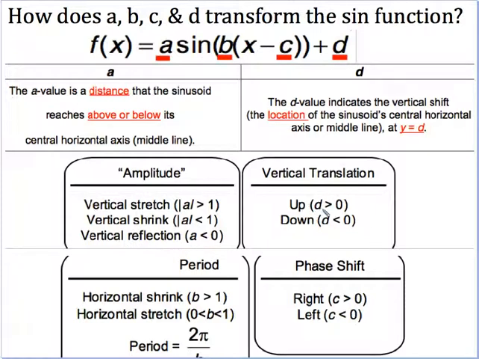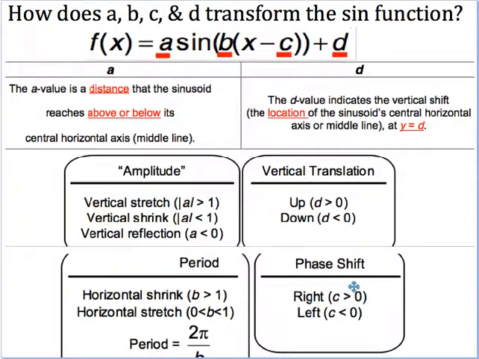Your d value moves you up or down. That's your vertical translation. Your b value is your horizontal stretch or shrink. So if b is a whole number greater than 1, then you're squishing together, you're compressing or shrinking. If it is a fraction, you're stretching. We really don't do any type of reflections with your b value.